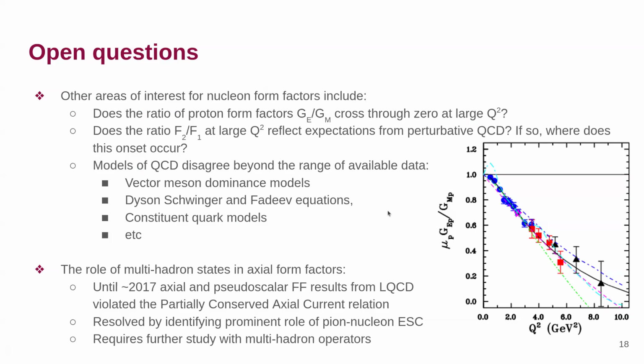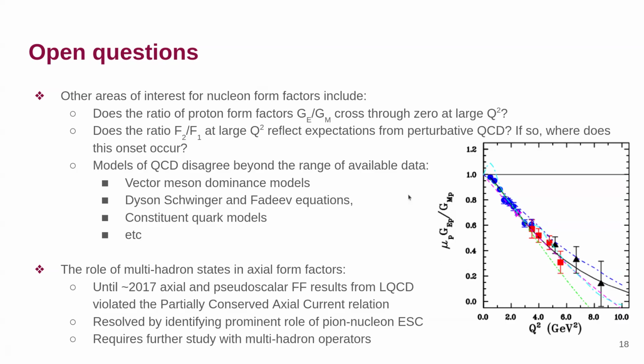Those are expected to cross through 0 based on experiment at around 8 GeV squared or perhaps higher. That's shown by these different colored data points in this plot here. We can see that at around 8 GeV squared, there's no possibility of the form factors crossing through 0.